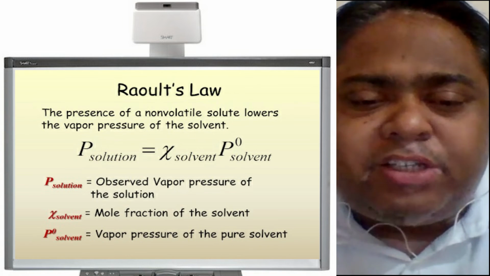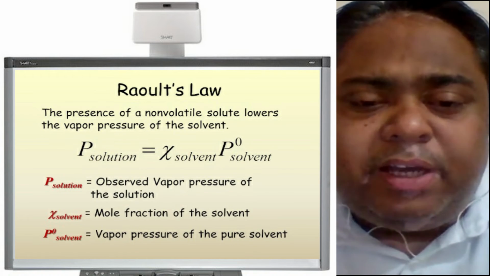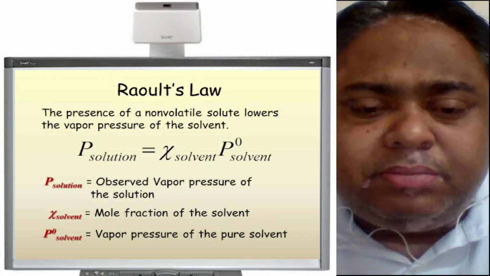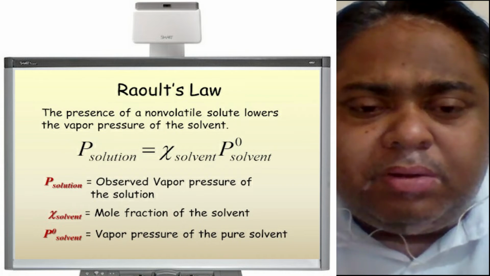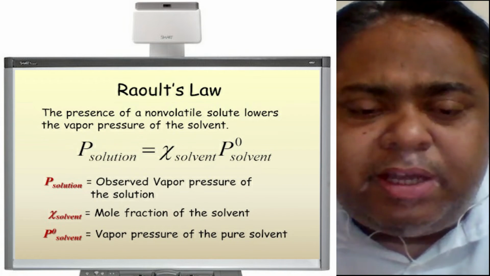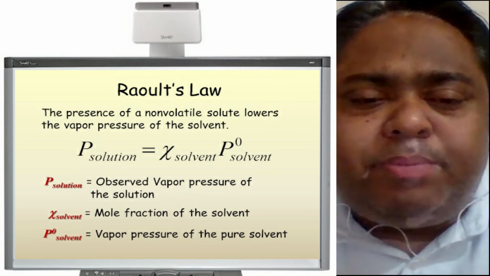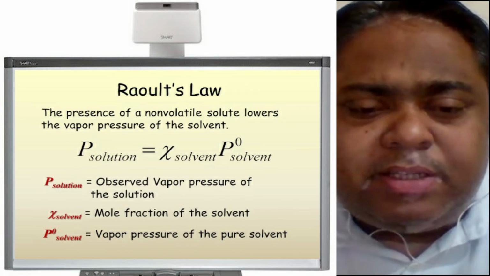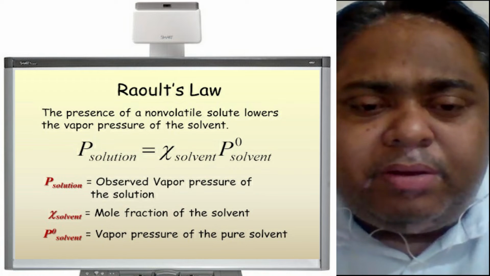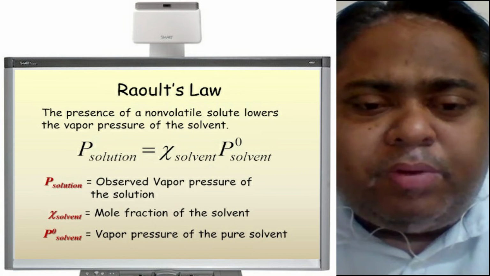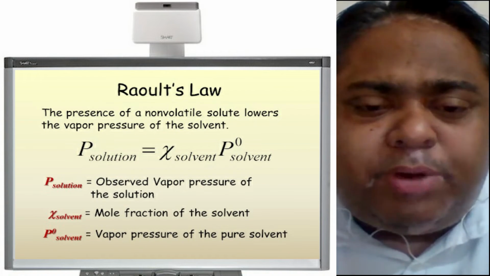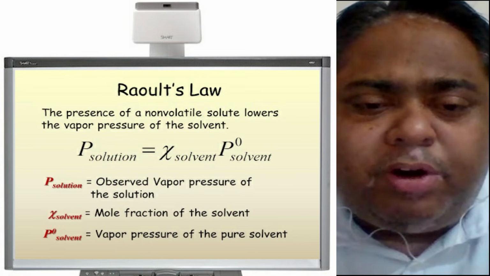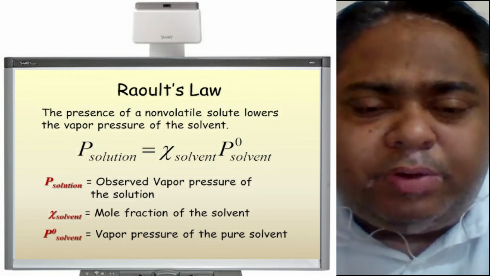That means if the mole fraction of the component is increased, then its partial pressure in the solution will also increase, such that P is proportional to chi. Now, we can take the pressure of that particular component when it is not in solution.